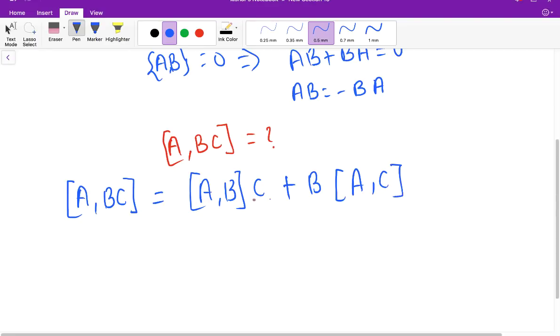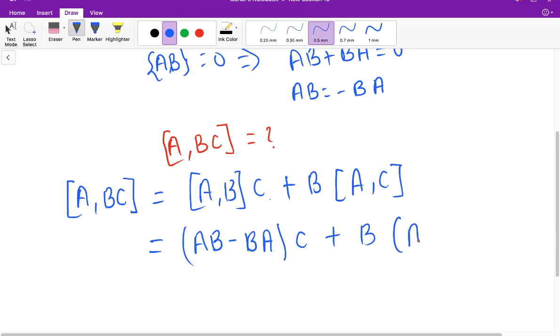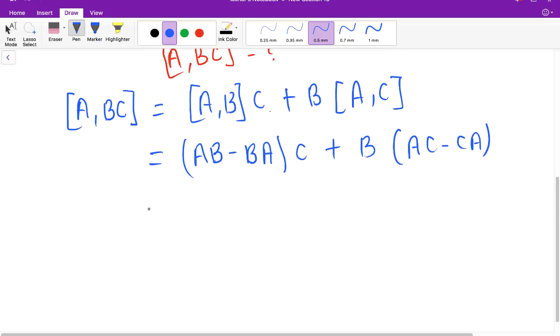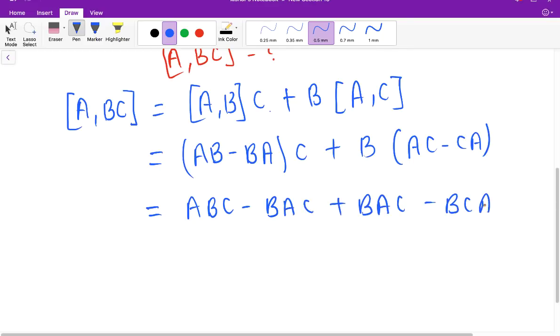Once you take C outside, you do the commutator of A and B, and then you take B outside and do the commutator of A and C. And this thing you can write as (AB minus BA) with C plus B into (AC minus CA). Okay, and this will be ABC minus BAC plus BAC minus BCA.